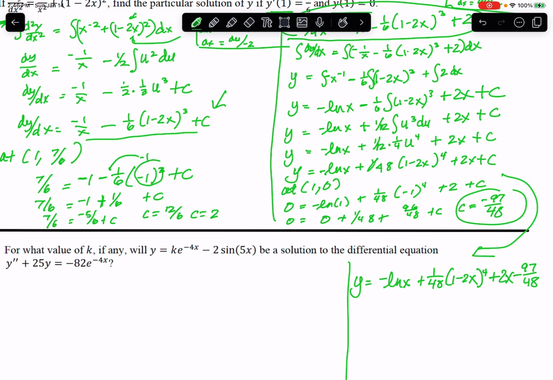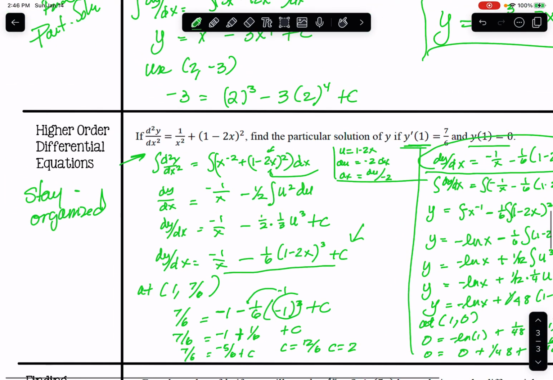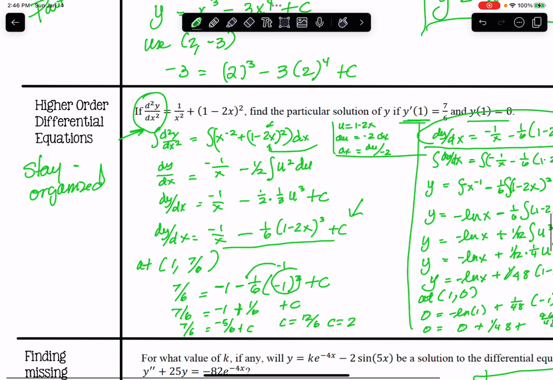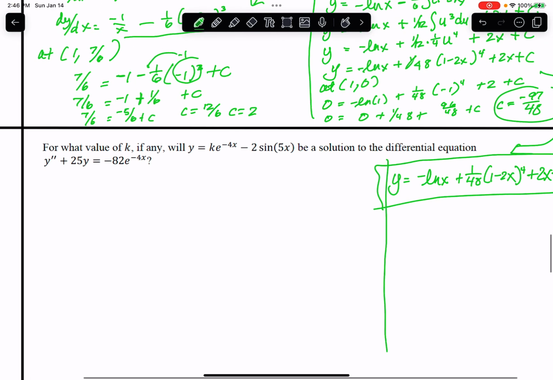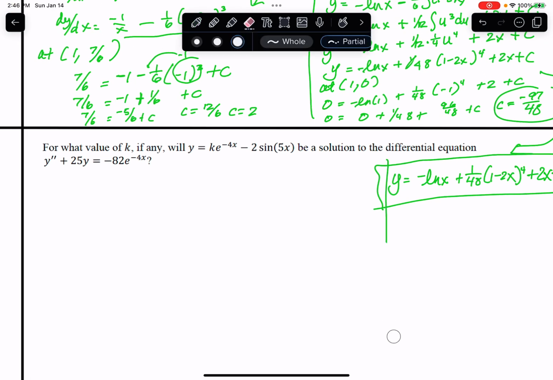Okay? So that's going to be your particular solution. So second derivative, asking for the particular solution to this going all the way out to y is going to be quite lengthy in time to do, and you have to be really organized.